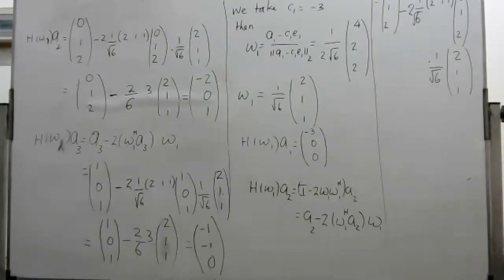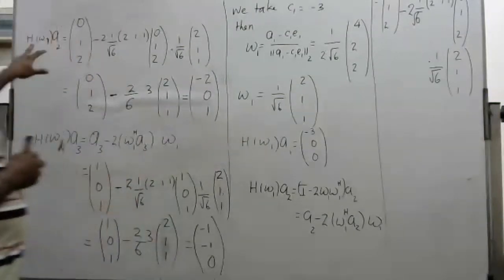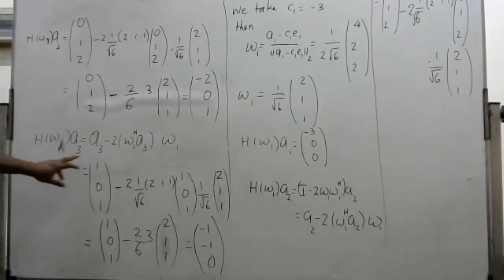So we have computed h omega 1 a1, h omega 1 a2, and h omega 1 a3. If you combine all three, you get the first step completed.